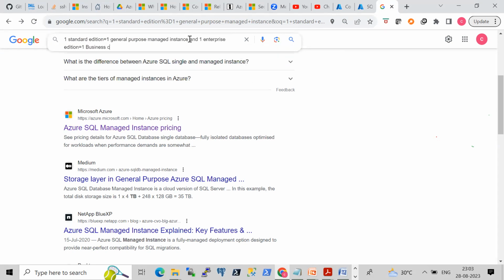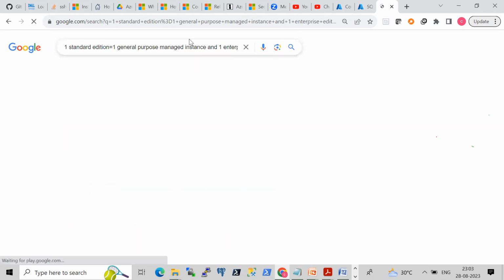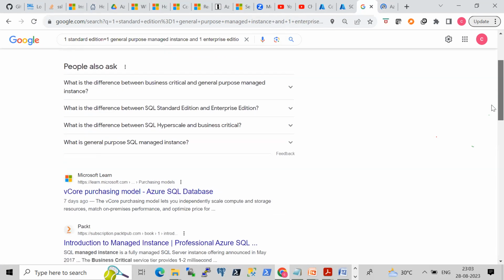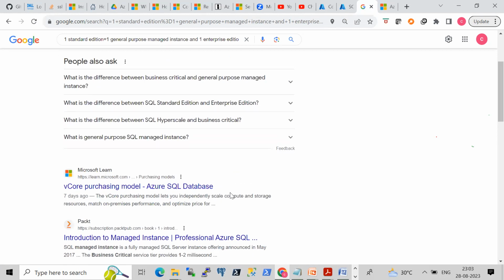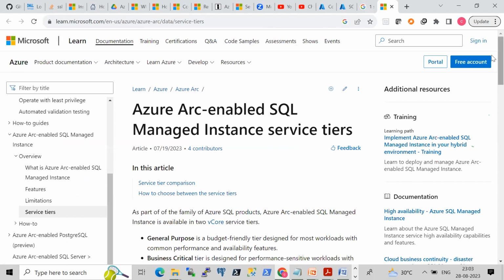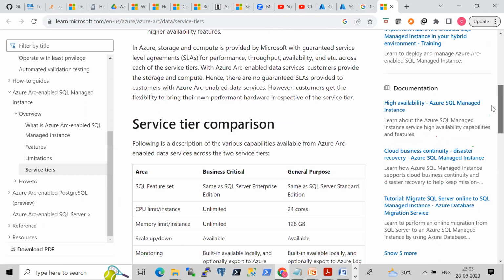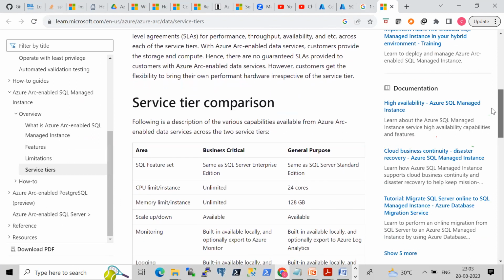I know the values but I'm not getting that information, so I will search this tomorrow and give you that information also, like if you have standard edition on your on-premises, how it is equivalent here.